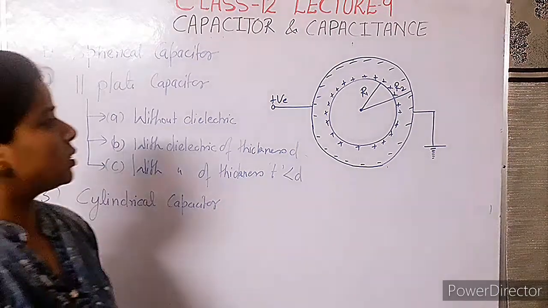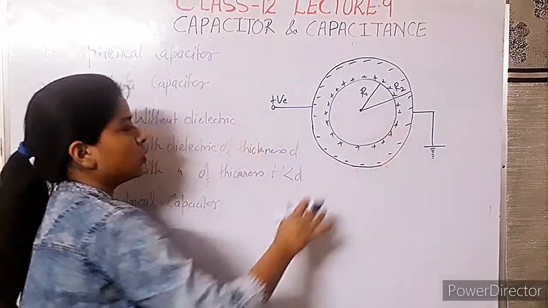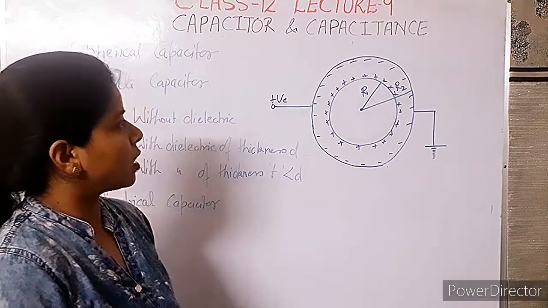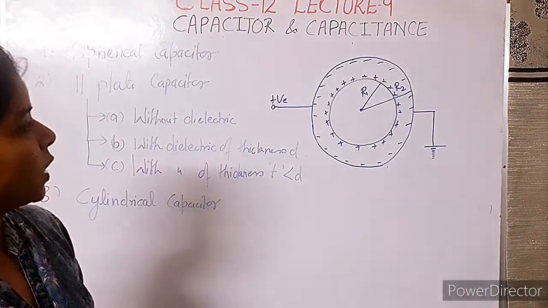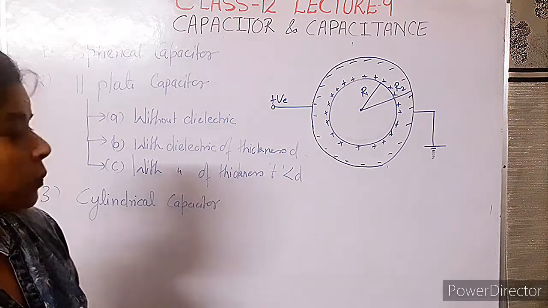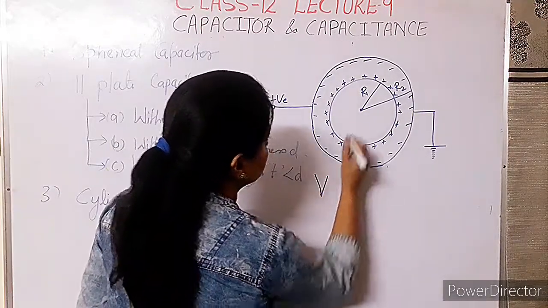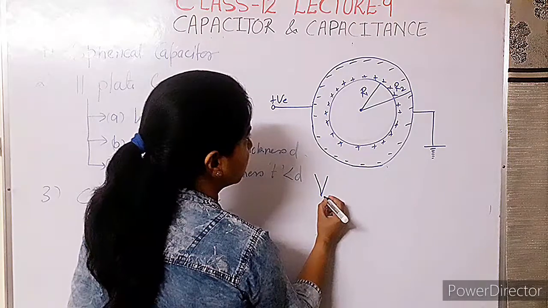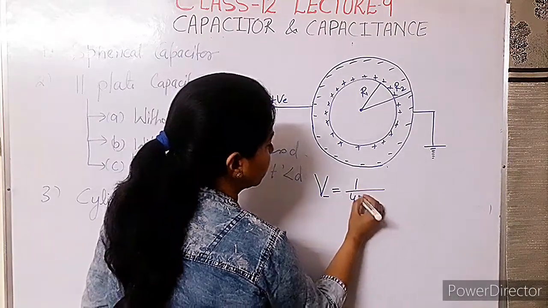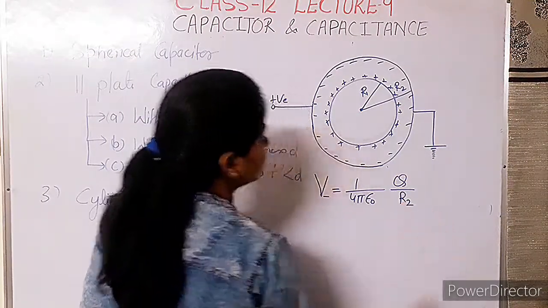So this is the overall structure, and you can write down the total charge here. Whatever the figure, you have to explain that figure in the theory part: the inner conductor radius is R1, the outer conductor radius is R2, and the net charge on the spherical capacitor is Q. First of all we will find out the potential at the outer sphere, corresponding to the minus charge, and it should be 1 over 4 pi epsilon naught Q divided by R2.